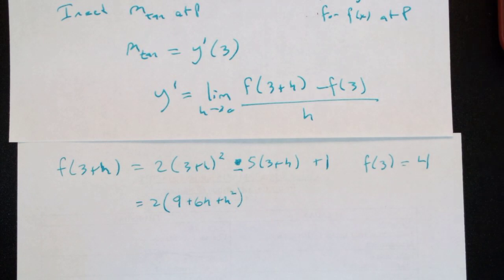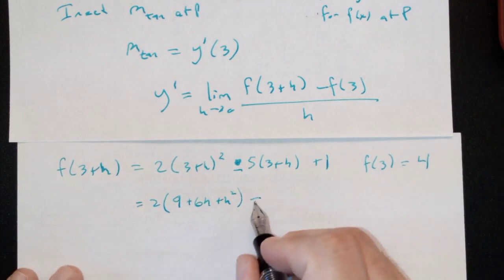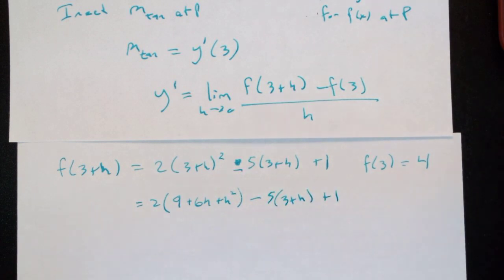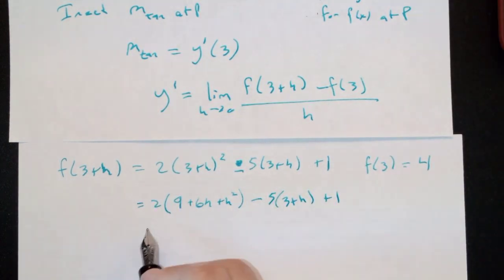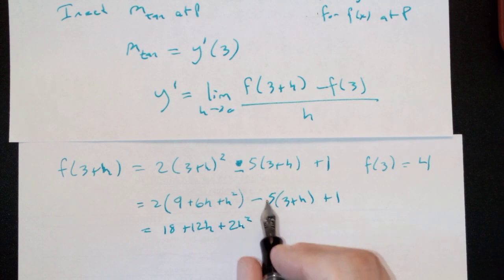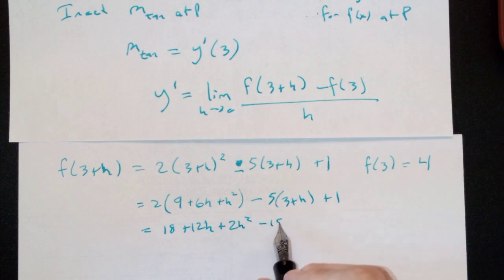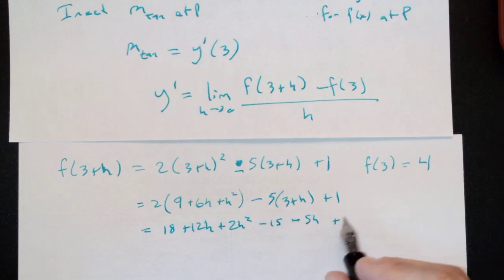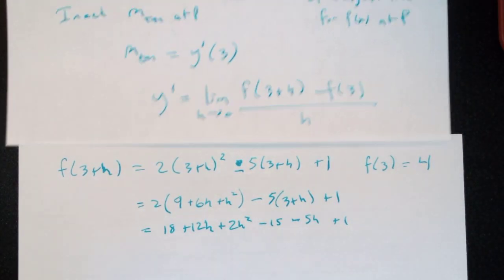I FOILed it out. Minus 5 times 3 plus h plus 1. Distribute the 2. 18, 12h, 2h squared, minus 15 minus 5h, distribute the minus 5, plus 1. Next, combine all my like terms.